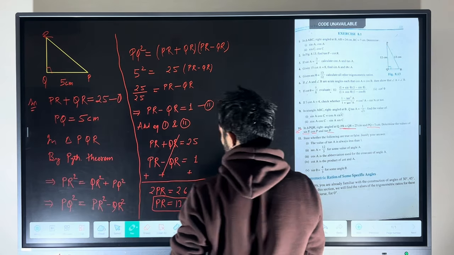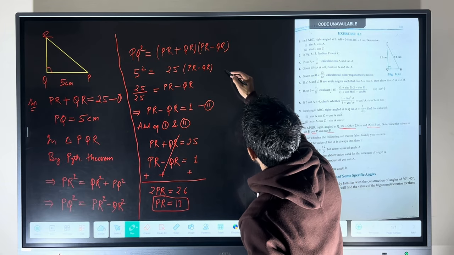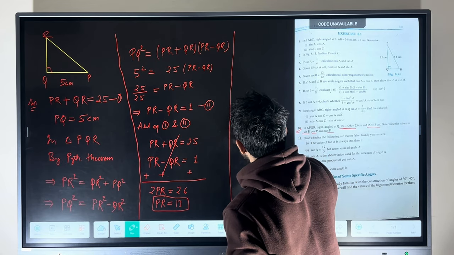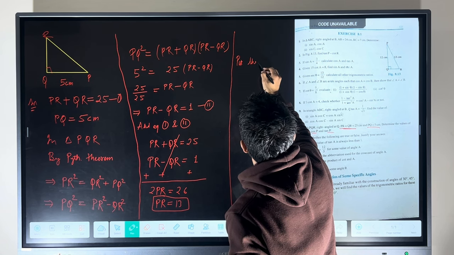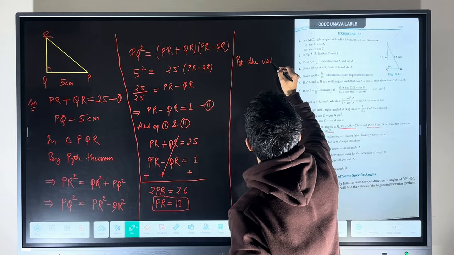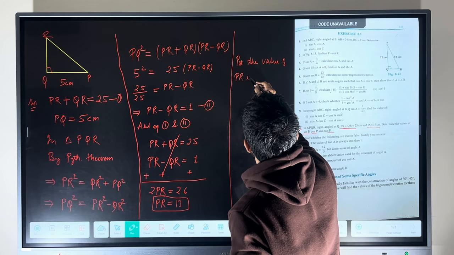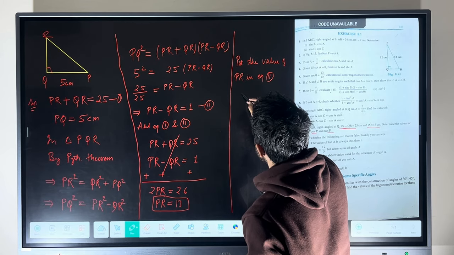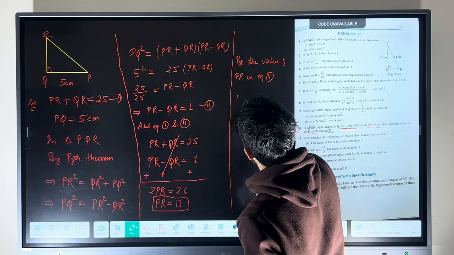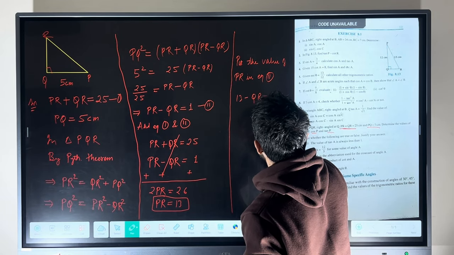So if we put this value of PR in equation second, here PR is 13, 13 minus QR is equal to 1.